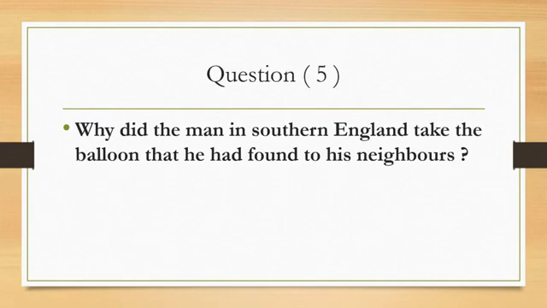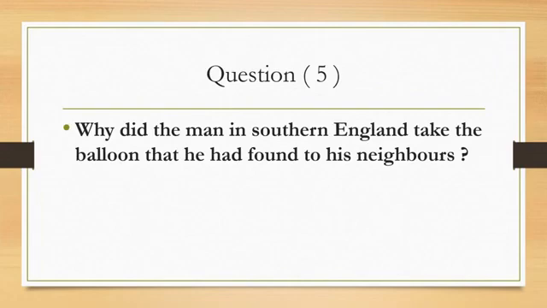Why did the man in southern England take the balloon that he had found to his neighbors? إذا بنتذكر بarticle C, a girl, her name Laura Buxton, she wrote a message with her name and address on a helium-filled balloon, then she sent it into the air. A few weeks later, a man in southern England found it and took it to his neighbor.